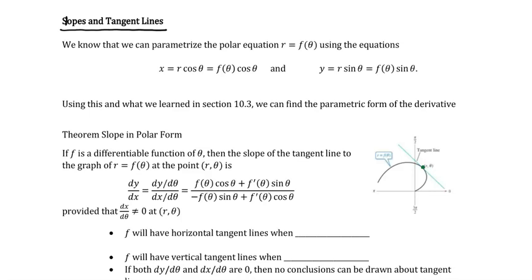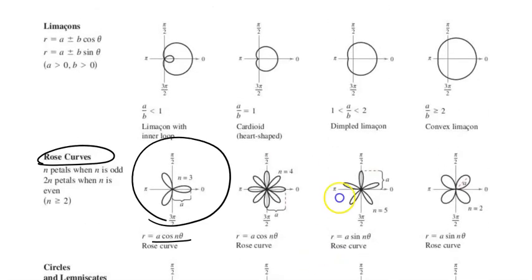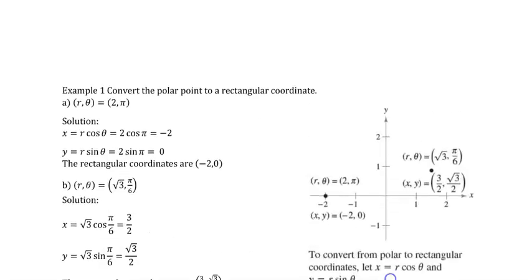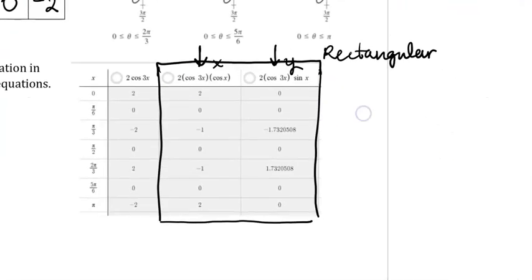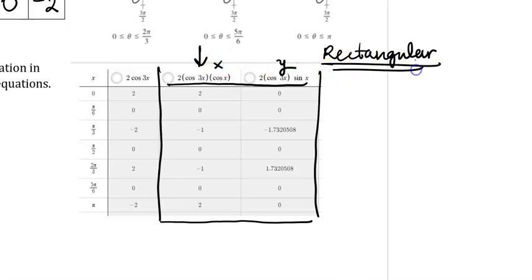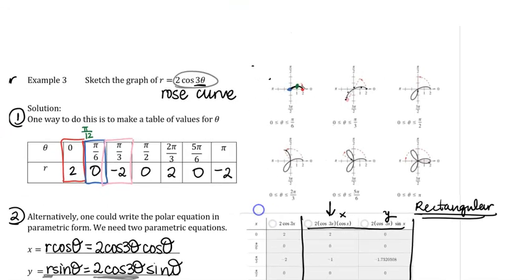So we just saw an example of how we can use parametric equations to graph polar coordinates. The last two columns that we filled out back in example 3: finding these parametric equations for x and y, and plotting these rectangular points in order to see this polar graph.